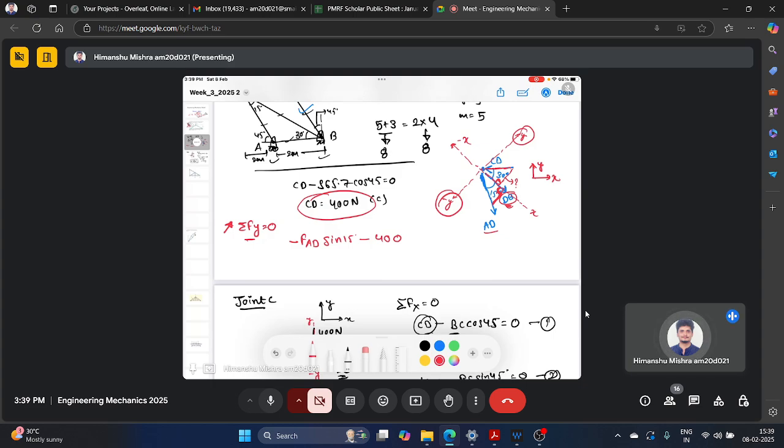So it's again sine: sine 30, equals 0. So from this equation you will get the force along AD. So it will be minus AD equals 400 sine 30 divided by sine 15.